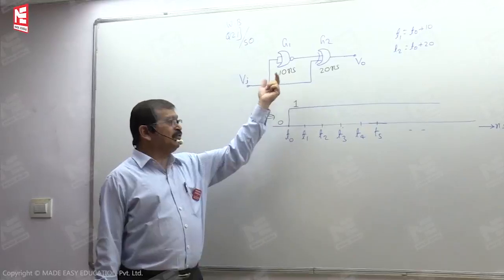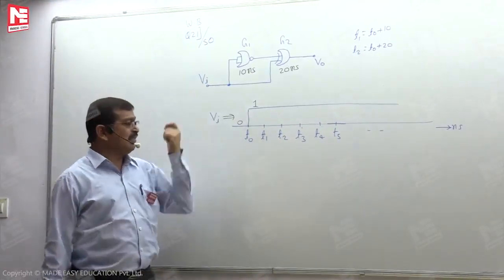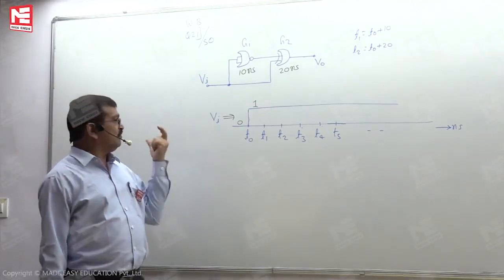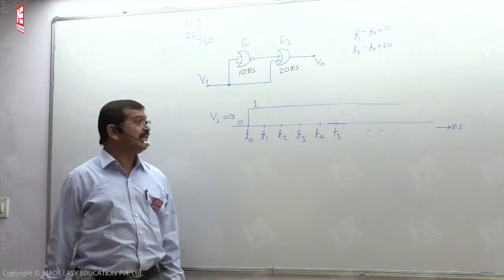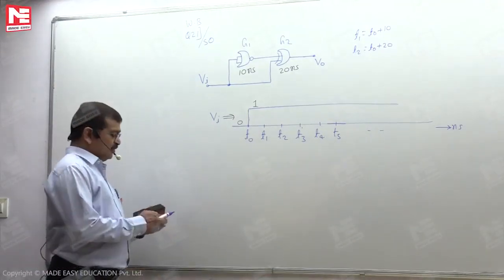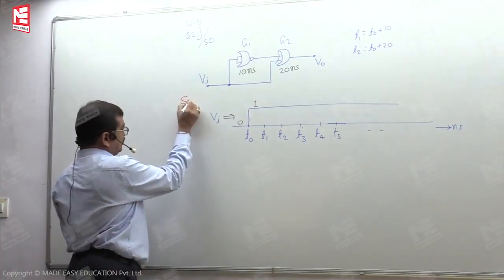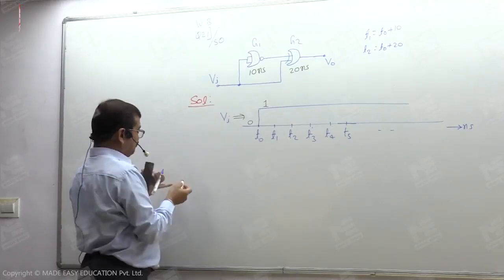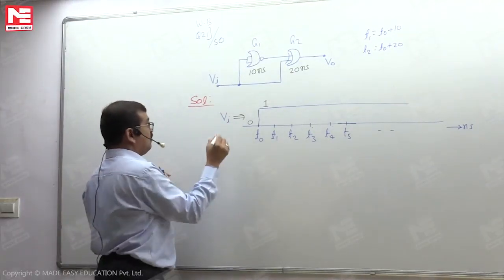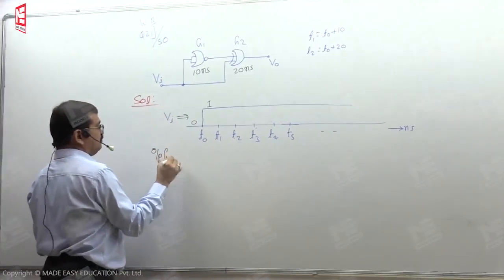So we have some value addition with this propagation delay for each gate, and we need to take it into account while drawing the waveforms. First we draw the waveform of gate G1, later the gate G2 waveform. Referring to this input signal, we start the solution with the output of the gate G1.